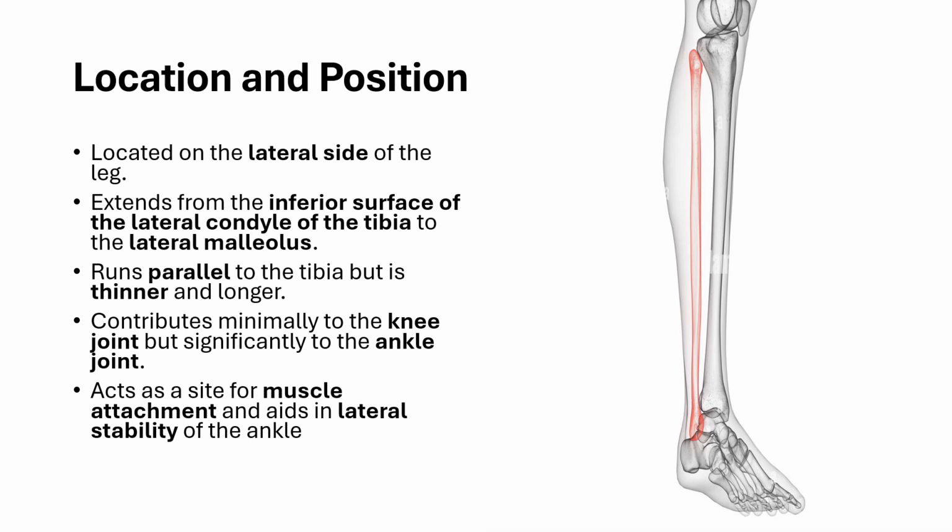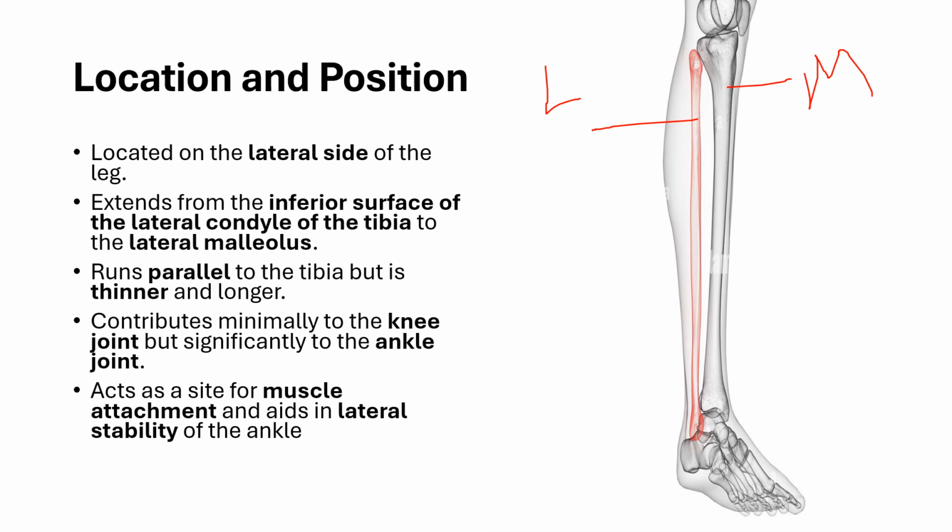As we can see, the fibula is situated on the lateral side of the body. The tibia is situated on the medial side, and the fibula, this one, the red one, is situated on the lateral side of the leg. It runs parallel to the tibia.